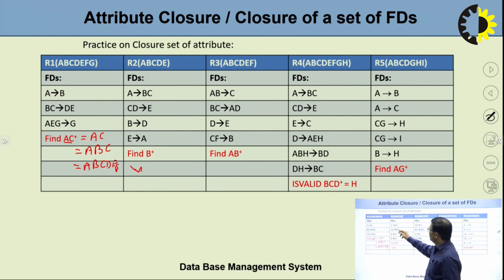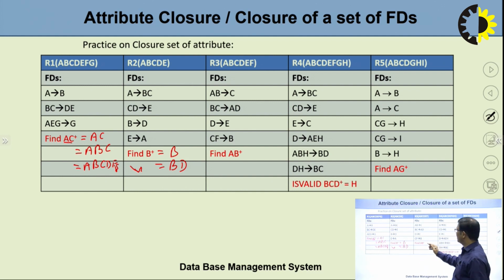So now you need to identify B closure is equal to B first. Then on the basis of B, D can be identified, BD, and nothing else. The BD is the final answer. In this case, AB closure. Write AB first. AB is equal to A, B, C, because C can be identified on the basis of AB.